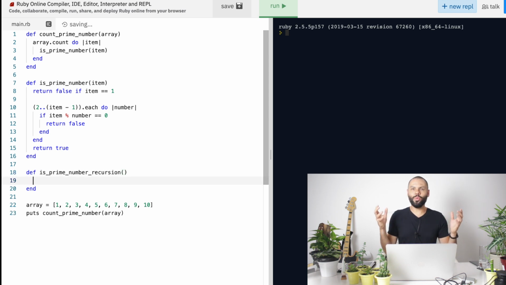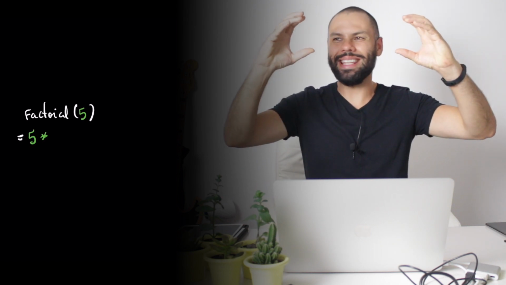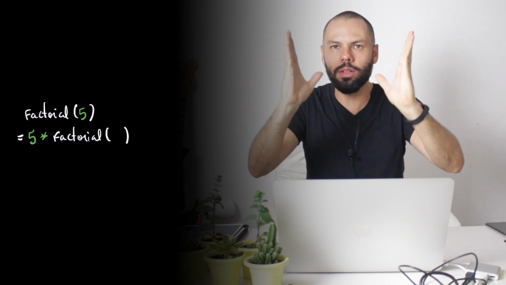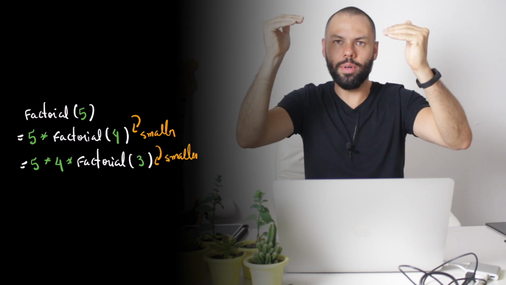Now, when it comes to recursion, we know a few things. Again, I'm not going to go into so much detail because I'm assuming that you already know that, but just a quick reminder. Long story short, recursion is when you have a problem and you break it down into smaller problems that you can solve a little more easily, and then come back to the bigger problem.